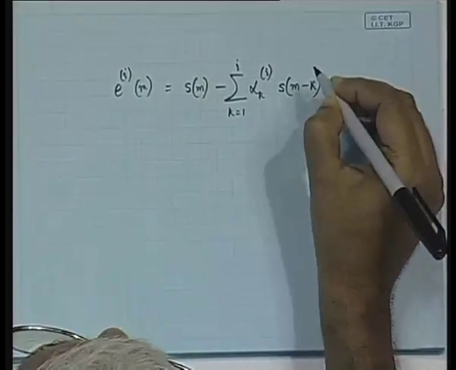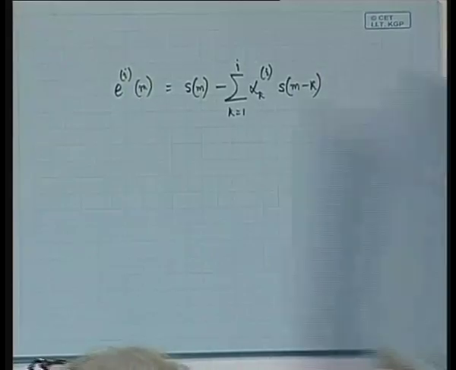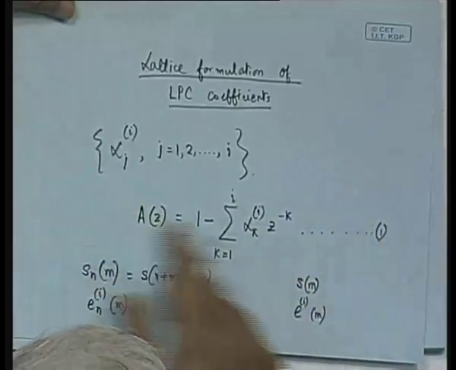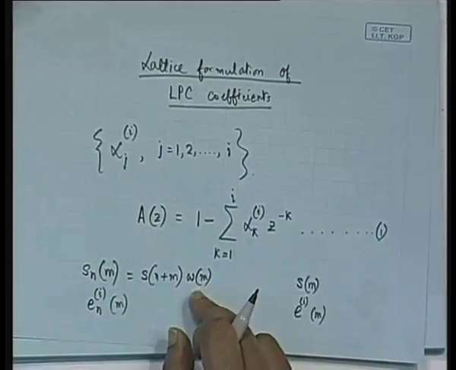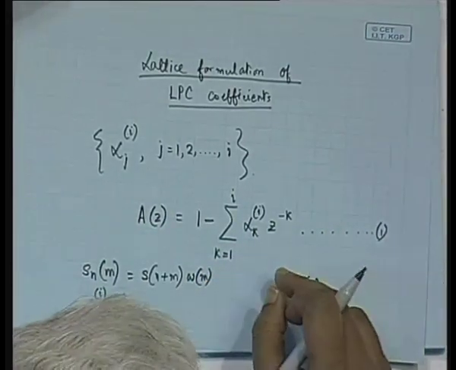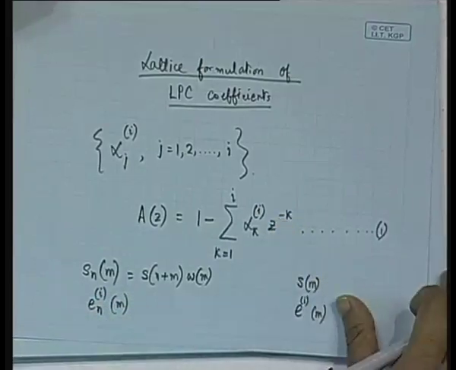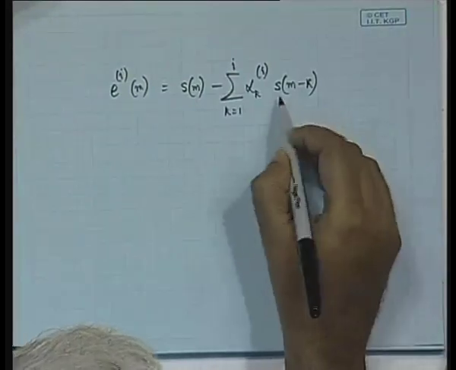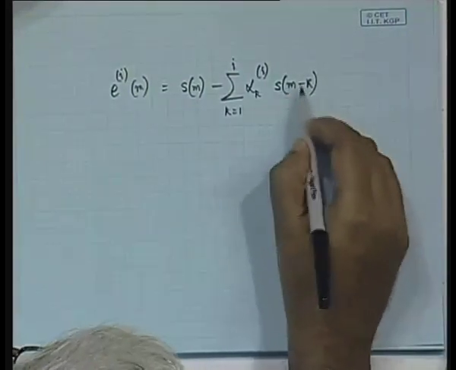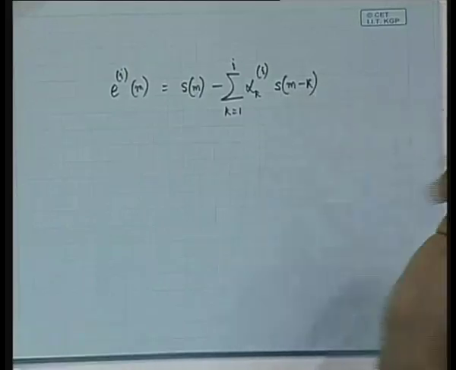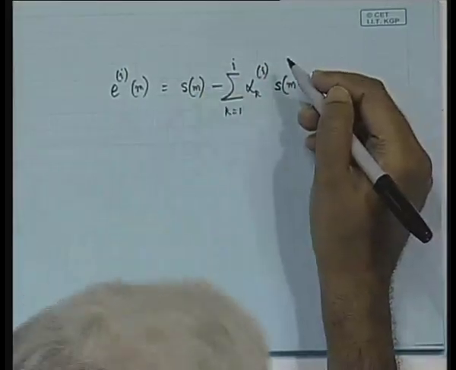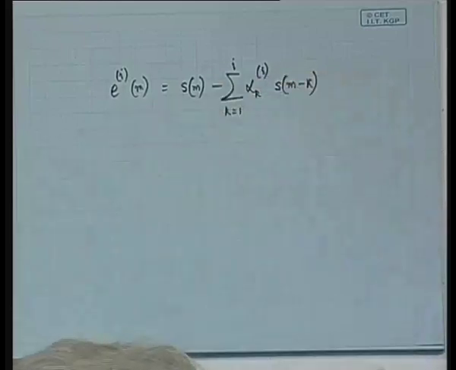This directly follows from the expression. This is in the Z transform domain, so when we are back in the time domain, the z to the power minus k introduces k units of delay, which gets expressed as S(m minus k).